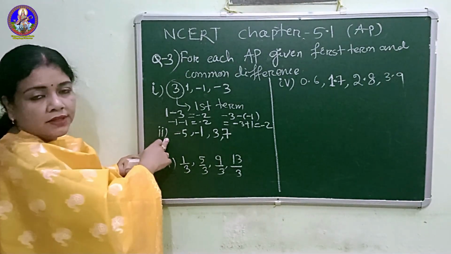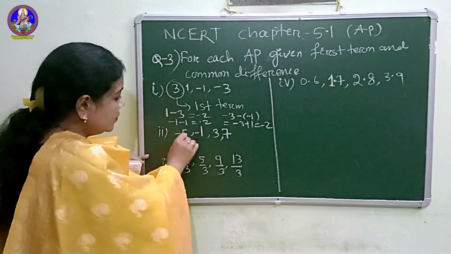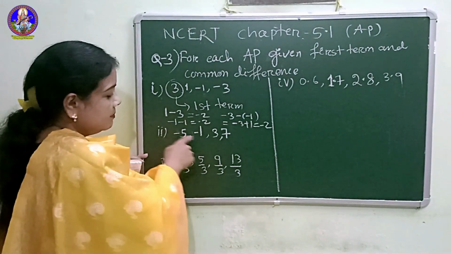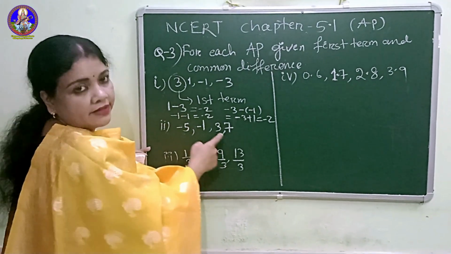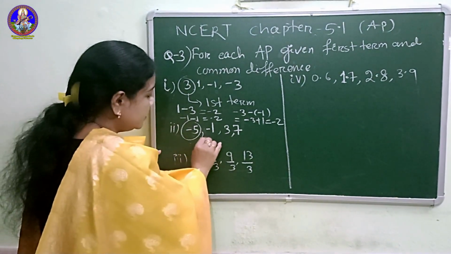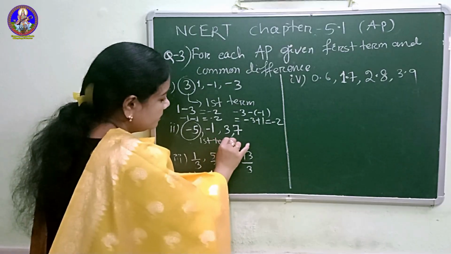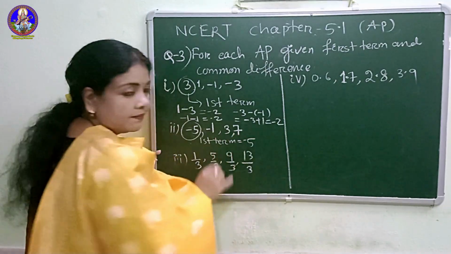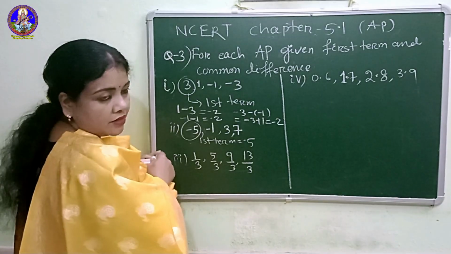Now come to solve the second question. The second question is given: minus 5, minus 1, 3 and 7. So minus 5 is the first term. Then what is the common difference?